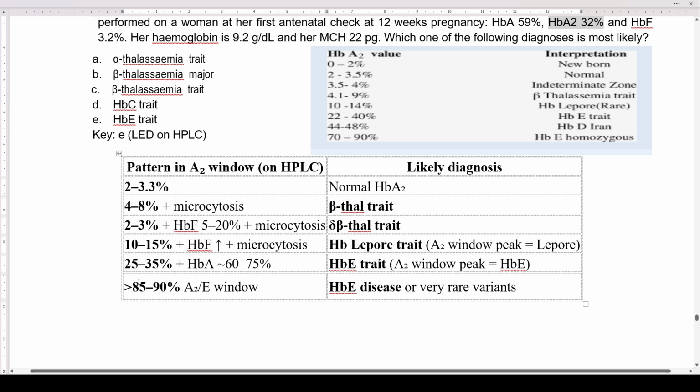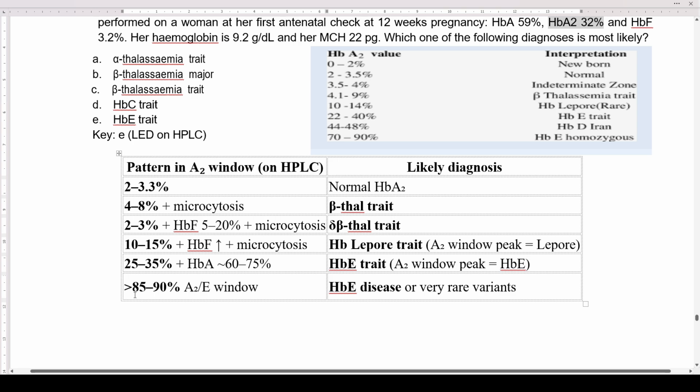Next, if it is between 25 and 35% and HbA is reduced to 60 to 75%, it comes under the 22 to 40% range, so it is HbE trait. We include these together because they all co-elute with A2 because of similar or closer retention times.